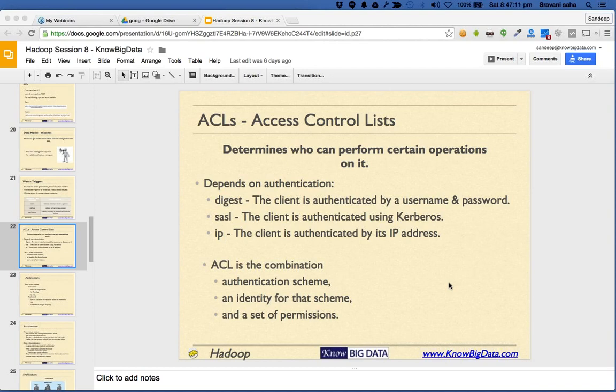Authentication means what is your login ID, and making sure that you are the login which you are claiming, either by way of password or by other means. When it's based on password, I make sure that you are Anuj because you know the password of Anuj. That is called digest. Second is SASL, in this case called Kerberos.